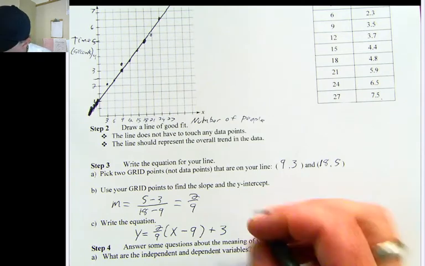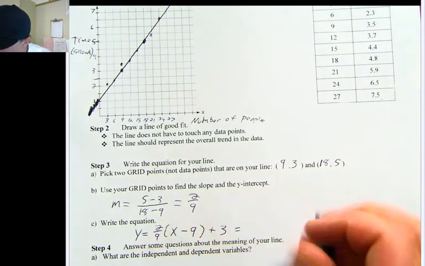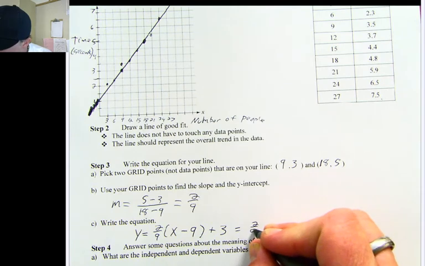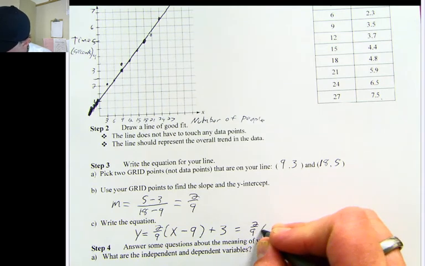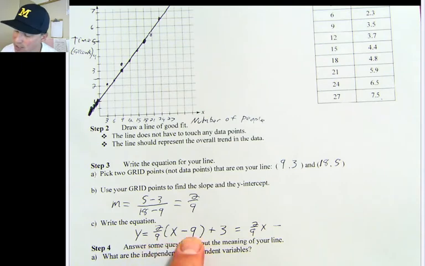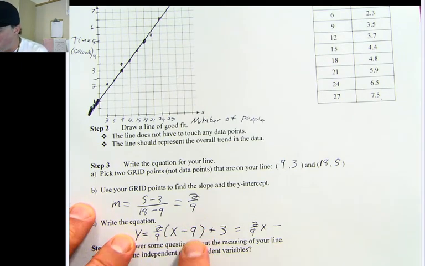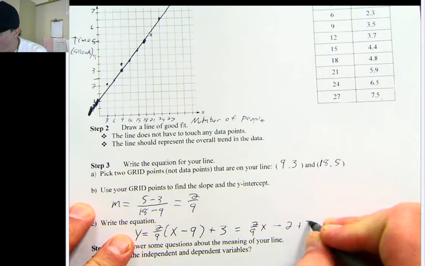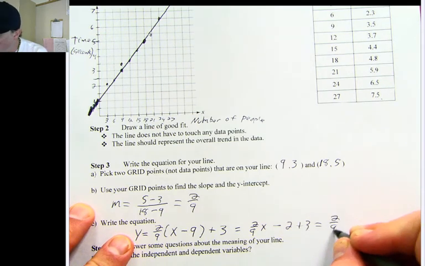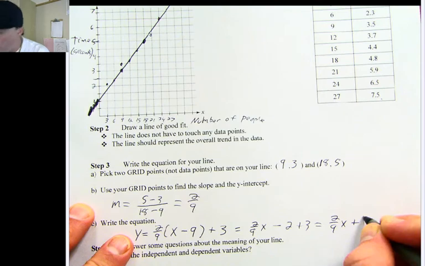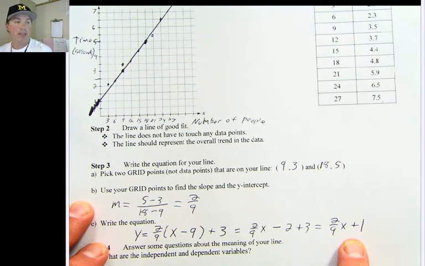If we simplify this out, distribute this, I get 2/9 x minus 2/9 times 9. Those 9s beautifully cancel out, and you're just left with a negative 2 plus 3, and you get 2 over 9x plus 1.